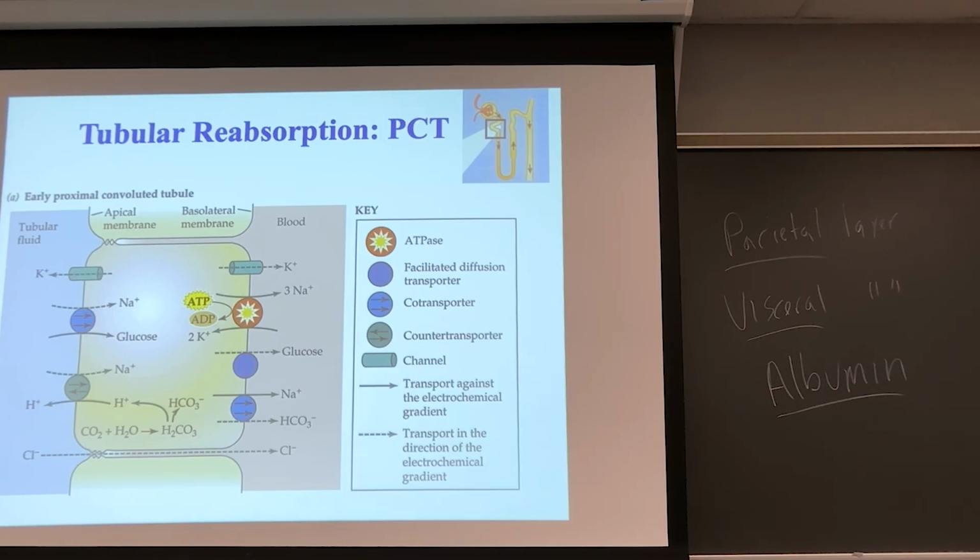Now, if you're pushing more protein into your filtrate than you should, and you might ask, well, when would you do that? You take a shot to the kidney and you damage the filtration sieve, or you have really high blood pressure, and you're pushing too much protein in, then you might end up with protein in your urine, which isn't good.